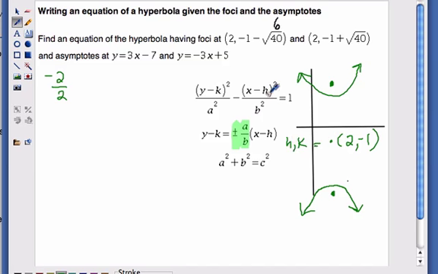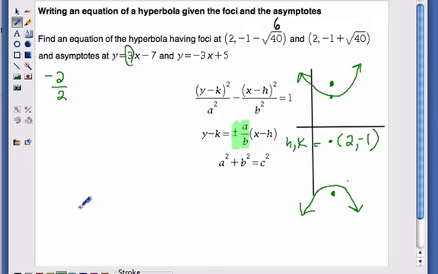I've got my center. I need my a squared and my b squared values. Now remember, a is the distance from this point to this point here. We don't know that vertex here, but what we can do is use the fact that our slope in our equation is our a over b value. So here we have slope.